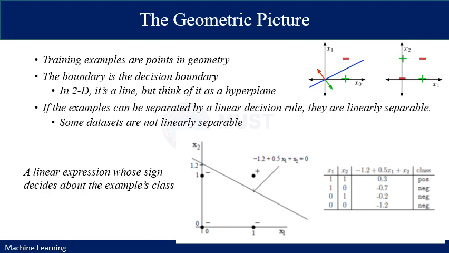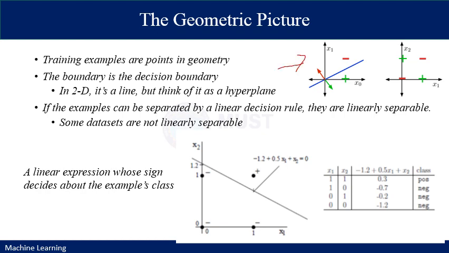However, in classification you have the decision boundary, which is the boundary to differentiate between positive and negative examples or different kinds of examples. In two dimensions it is just a line, but think of it as a hyperplane. If the examples can be separated by a linear decision rule, they are linearly separable.